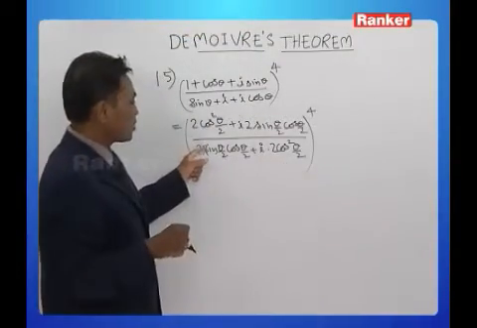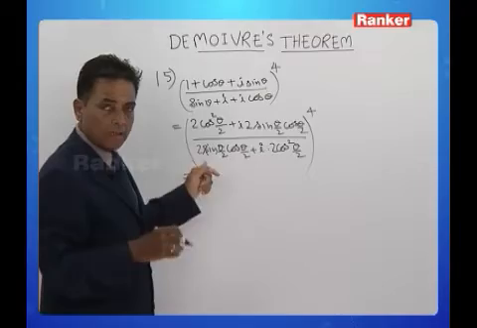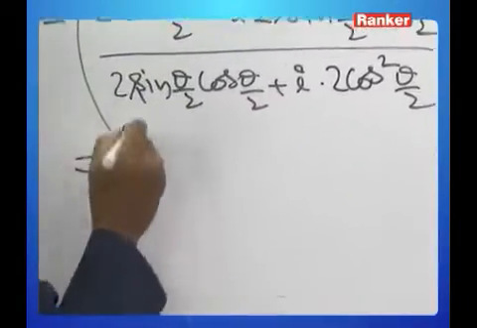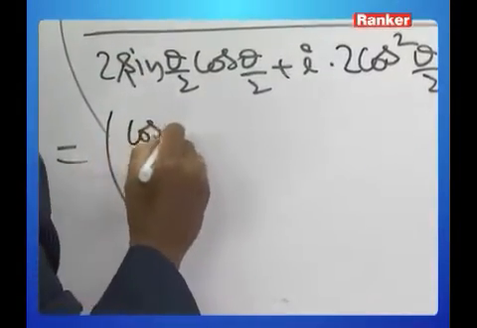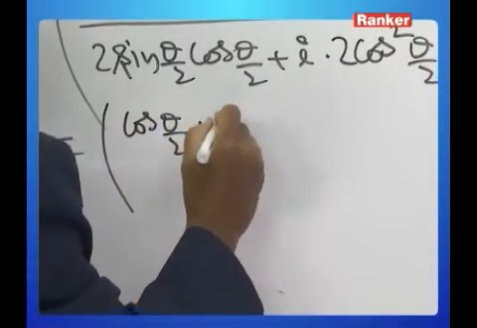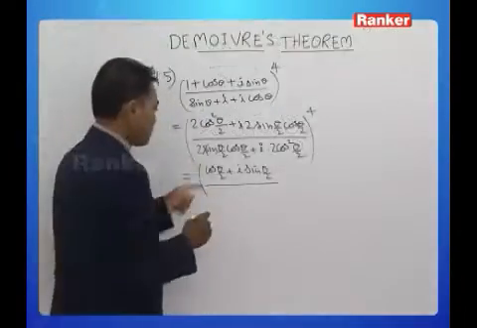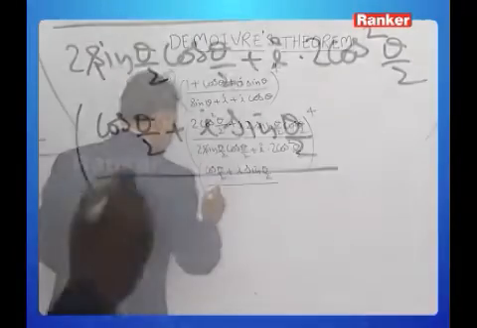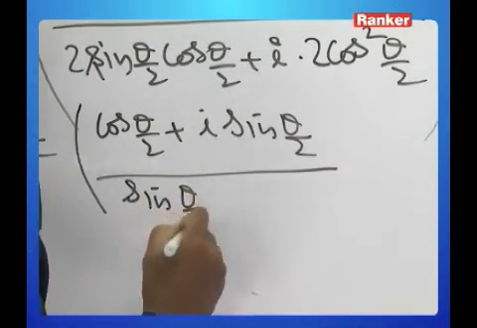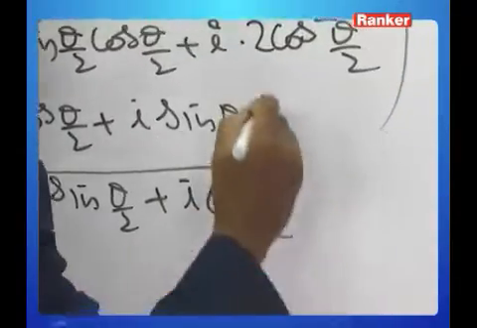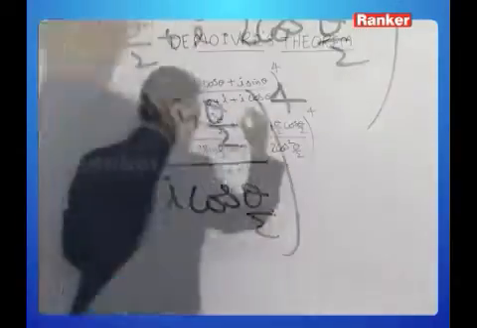Now take 2 cos theta by 2 common in the numerator as well as denominator, and cancel it. So after cancellation, (cos theta by 2 plus I sin theta by 2) by (sin theta by 2 plus I cos theta by 2) whole to the power of 4.